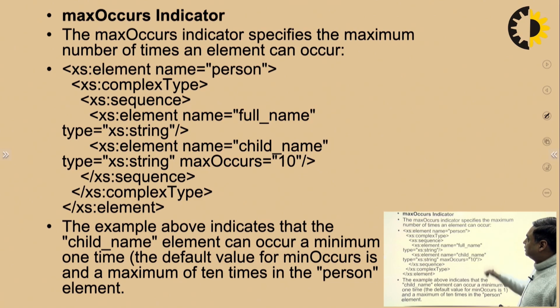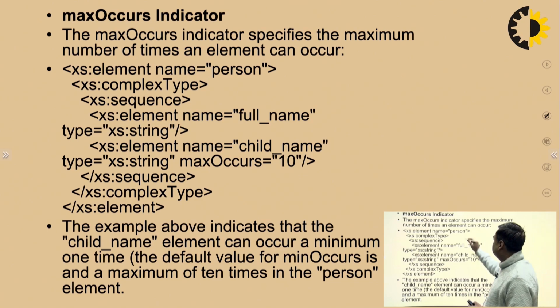Next, the example of the max occurs indicator. Here we can see person is the element, and we have defined two elements within the person element, full name and child name. For the full name we have not given any occurrence, and for the child name we have set max occurs equal to 10.